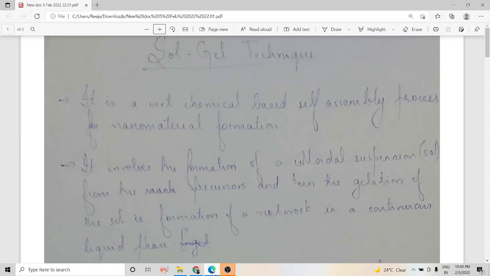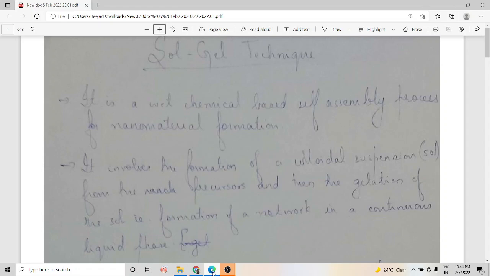After that, the gelation of the sol takes place. Gelation means some kind of network is formed in this continuous liquid phase. That is, by means of some kind of cross linking, a network is formed, and that phase is called the gel.